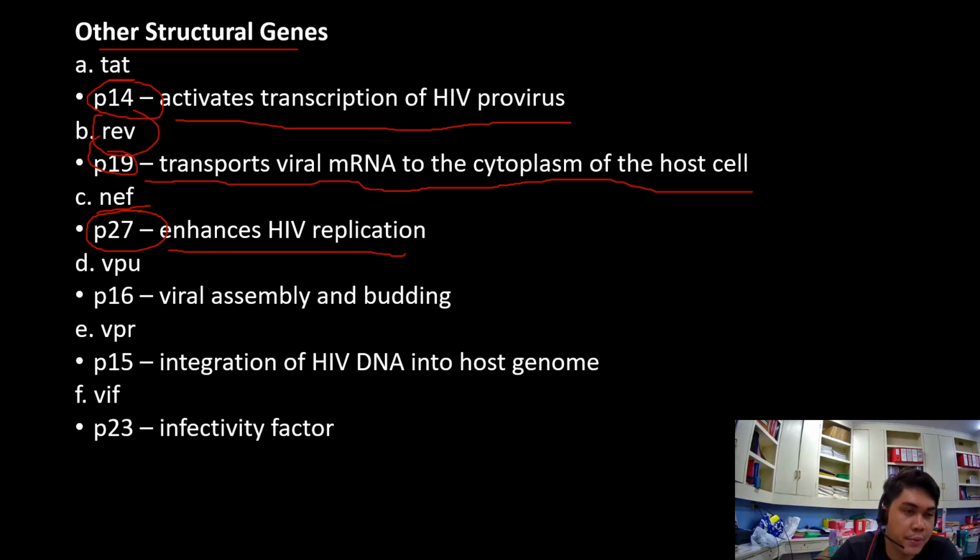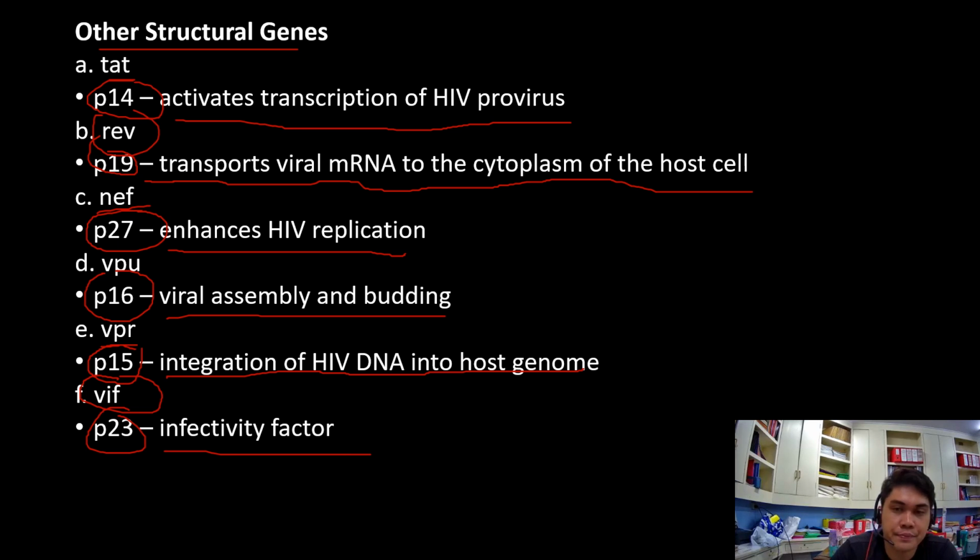Then VPU codes for P16, for viral assembly and budding. This is also important in the formation of a new virion. The next is VPR, which codes for P15 and is important in the integration of HIV DNA into the host genome. Then VIF codes for P23. This is your infectivity factor.